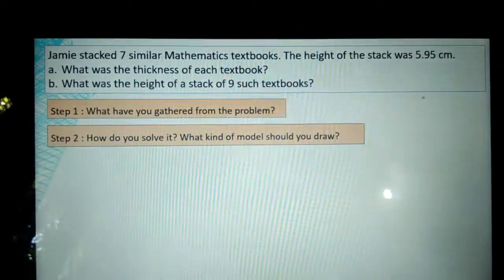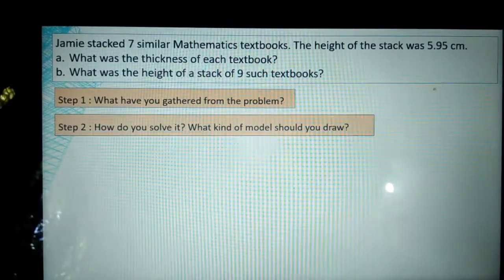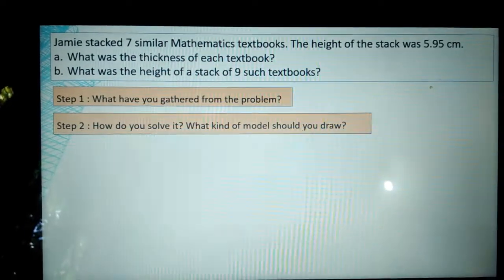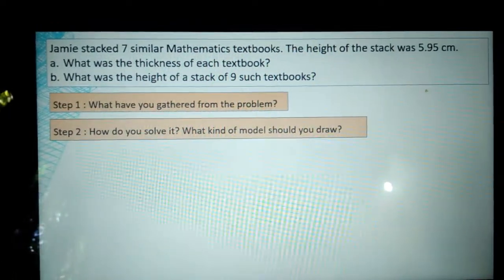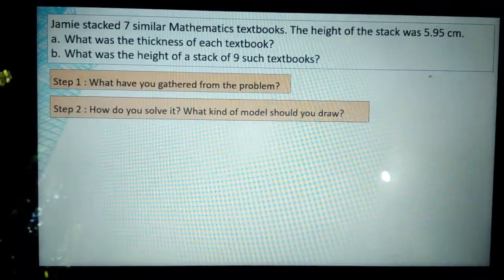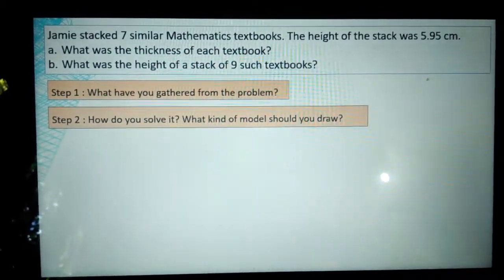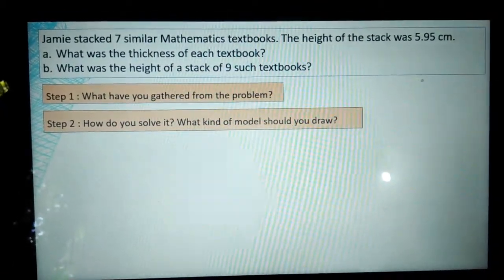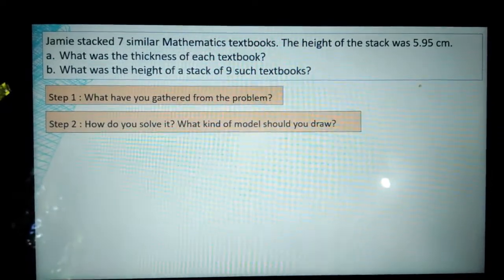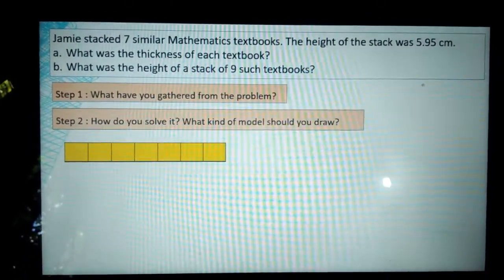Step 2. How do you solve it? When you want to solve it, you have to draw the model first. What kind of model should you draw? We are going to the first question. What was the thickness of each textbook? Because there are 7 similar mathematics textbooks, there are 7 parts here.